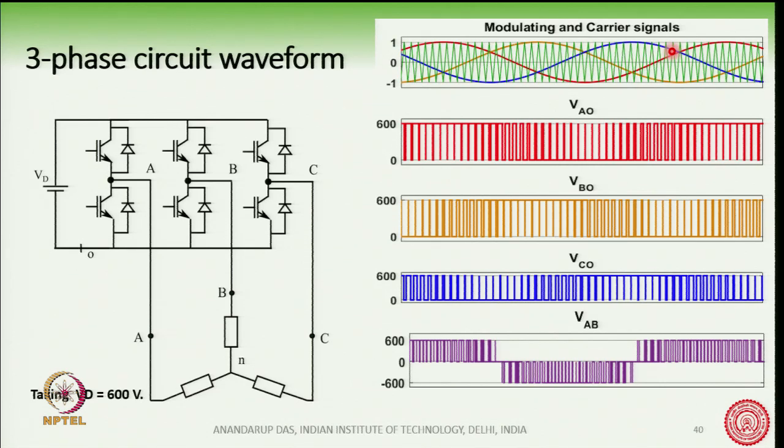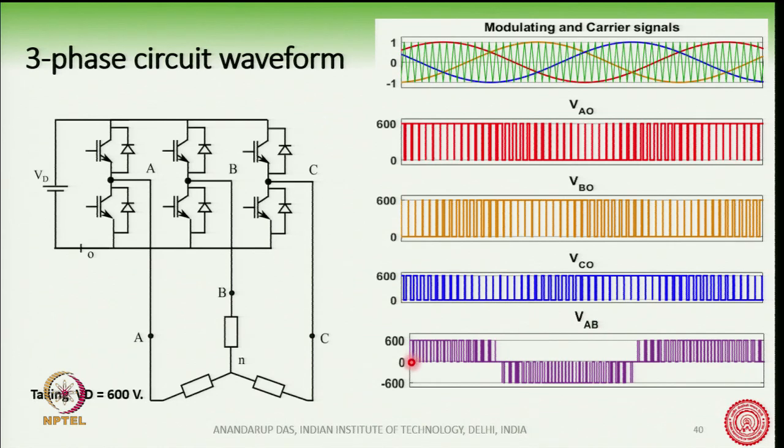Their amplitudes are equal and the phase shift is 120 degrees. So, this is the VAO waveform, VBO waveform and VCO waveform, each of them fluctuating between 0 and 600.